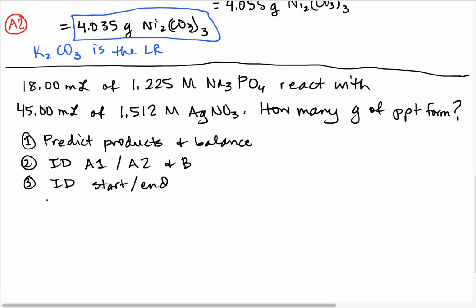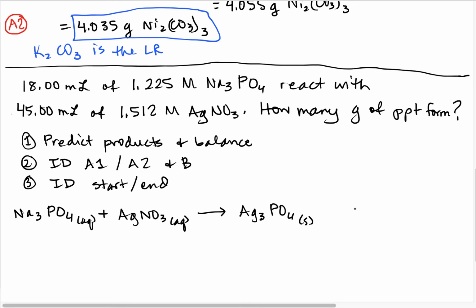All right, welcome back. Hopefully you were able to see that sodium phosphate is soluble because sodium ions are always soluble, and that silver nitrate is also soluble because of nitrate, and that our ion charges are going to be such that we're going to make silver phosphate with 3 silvers, and that's going to be insoluble, and then left over we have sodium nitrate, which is soluble.